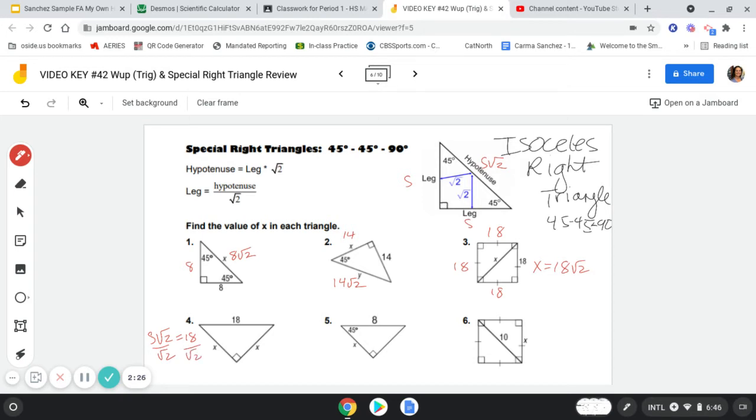Remember that we cannot leave a root 2 in our denominator, so multiplying by root 2 over root 2 to rationalize, we're going to get 18 root 2 over 2, or 9 root 2 is the final answer. My side length of both sides is 9 root 2.